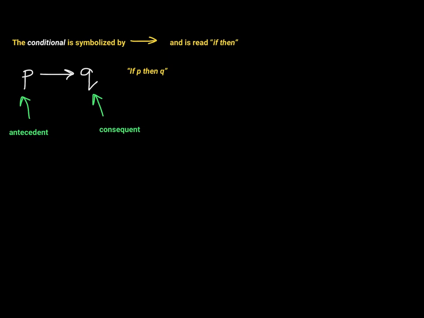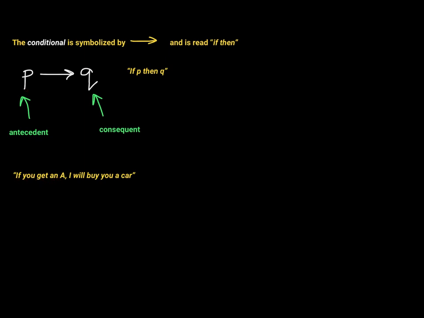All right? Now, sometimes in a conditional statement, the then part of the if-then statement is not explicitly stated. For example, if you get an A, I will buy you a car. Kind of a good deal, isn't it? Anyway, the if statement is right here, the antecedent.